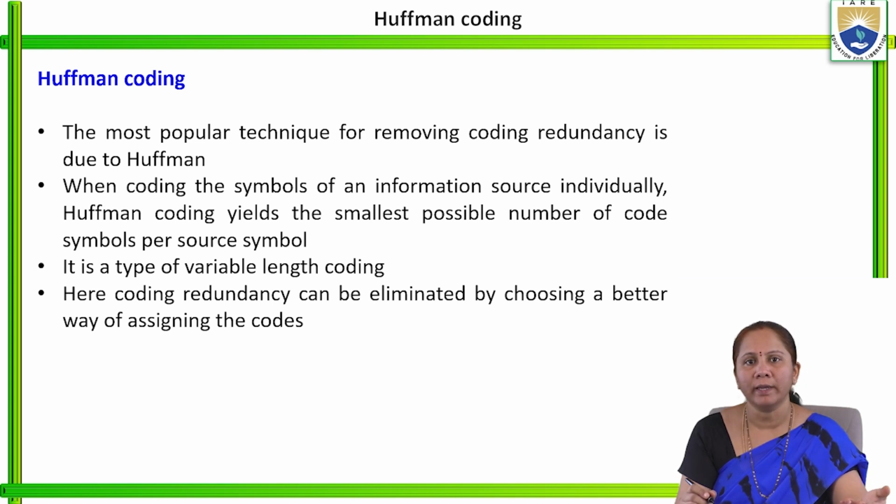In the source encoder, we have seen three more basic components. Each one is used to eliminate one type of redundancy.